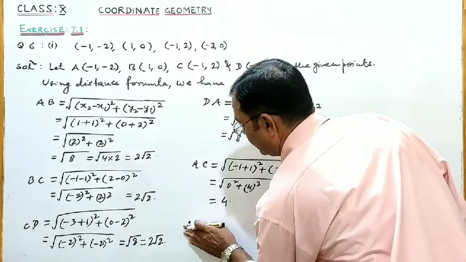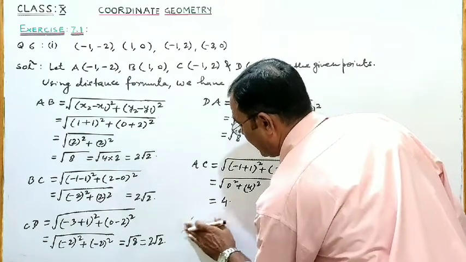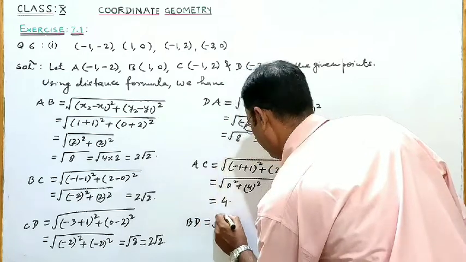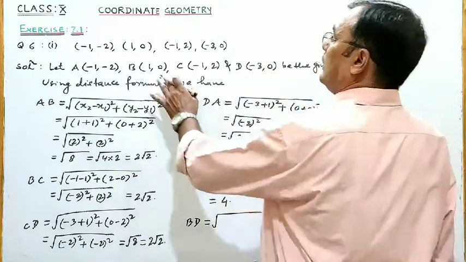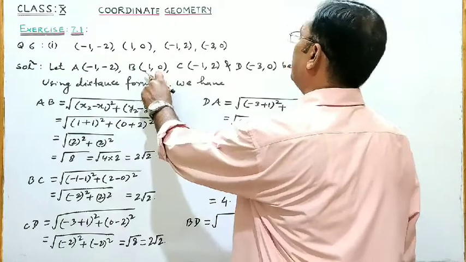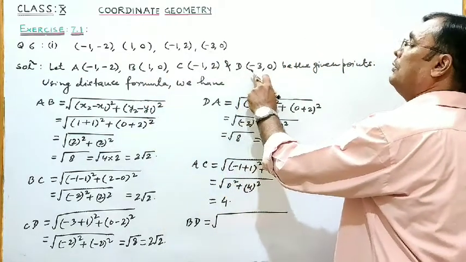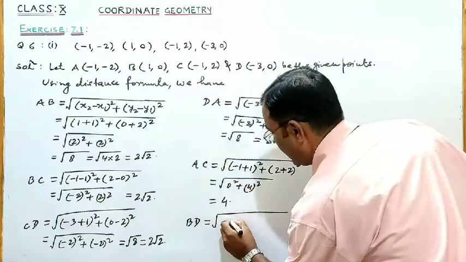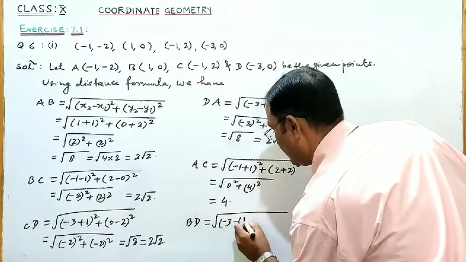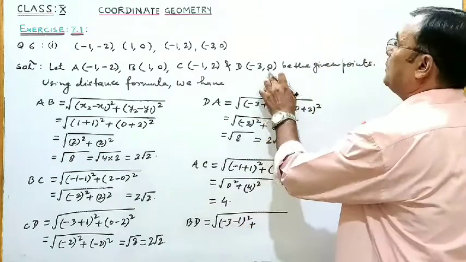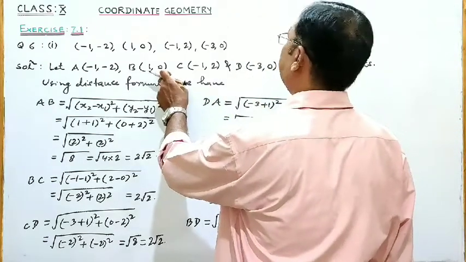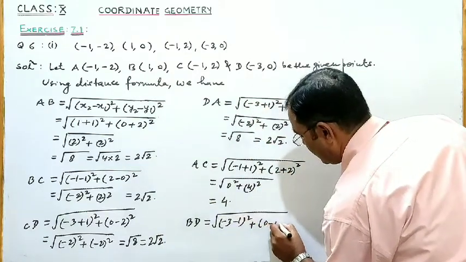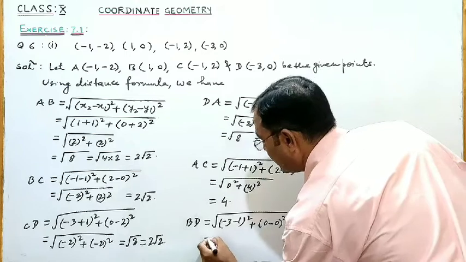And next, second diagonal BD is equal to coordinates of B x1 y1, coordinates of D x2 y2. So minus 3 minus 1, minus 3 minus 1 whole square plus 0 minus 0 whole square.